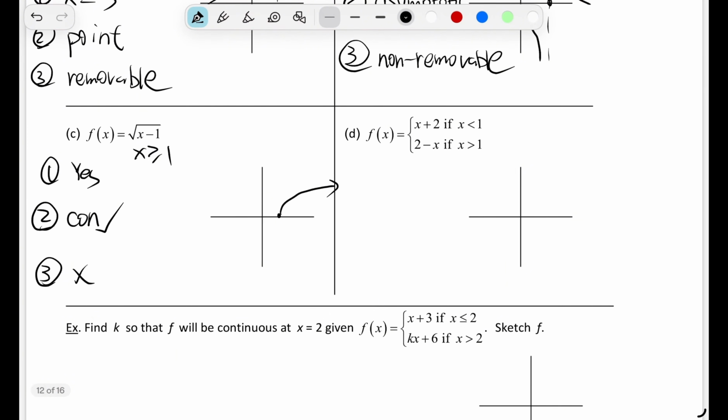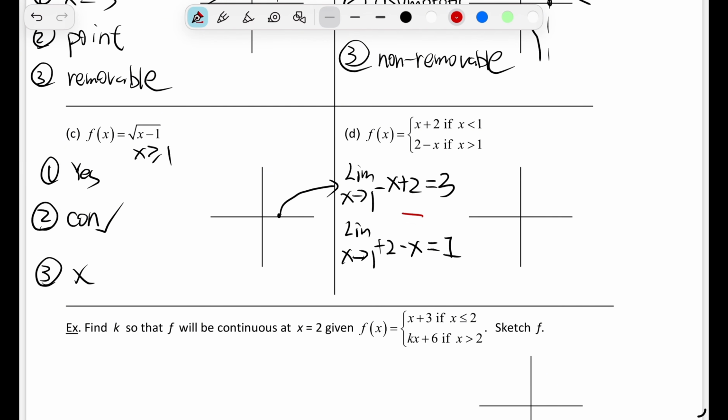What about the fourth one? When you see a piecewise function, the first thing you need to do is test the left limit and right limit. The left limit is the limit as x approaches 1 from the left. Since it's smaller than 1, we use the function x plus 2, which gives a value of 3. The right limit is x approaching 1 from the right. Since it's larger than 1, we use 2 minus x, so this is equal to 1.